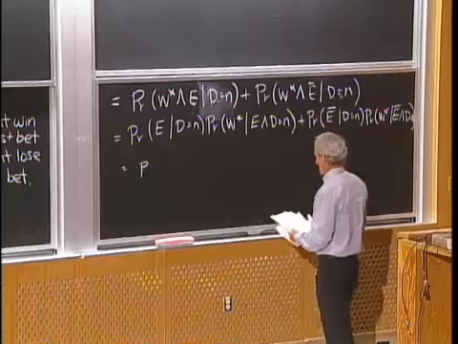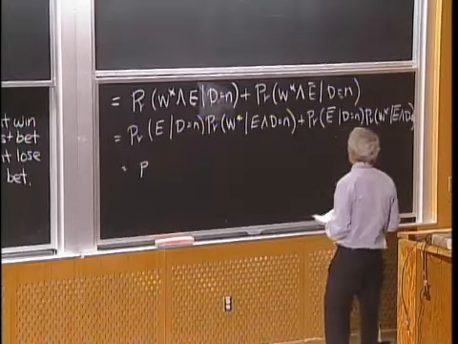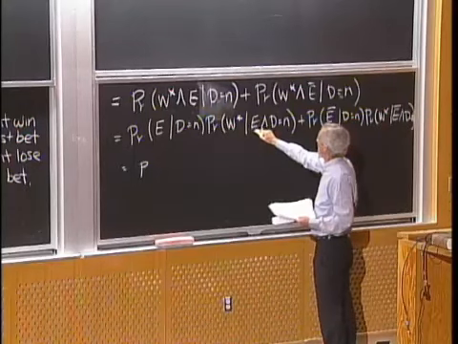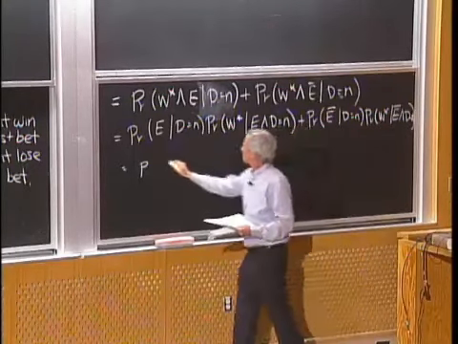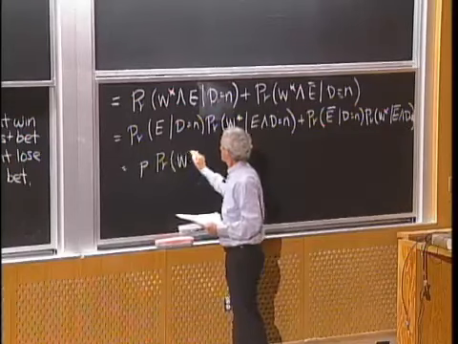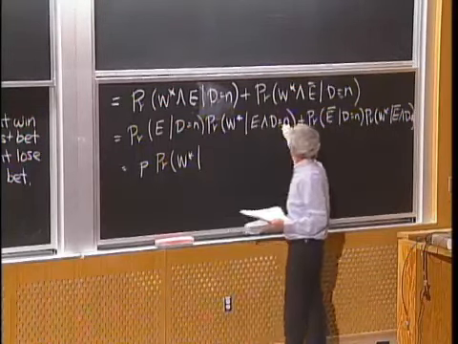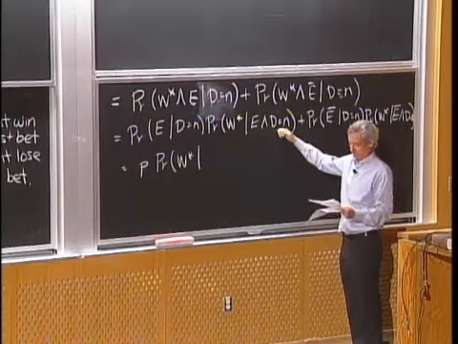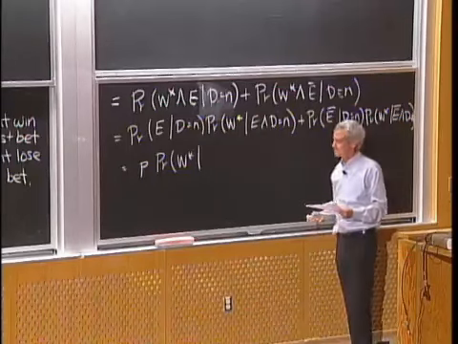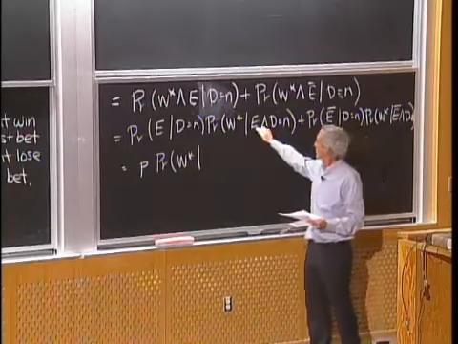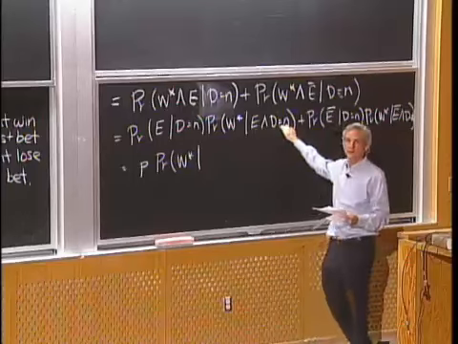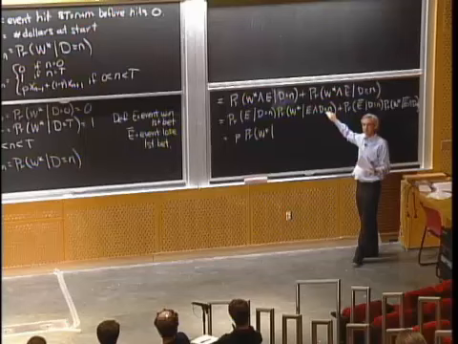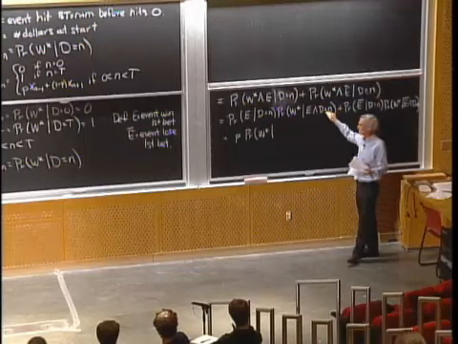Now, what about this thing? I am conditioning on winning the first bet, given that I start with n dollars. What's another way of expressing that I won the first bet and I started with n dollars? I now have n plus $1 going forward.